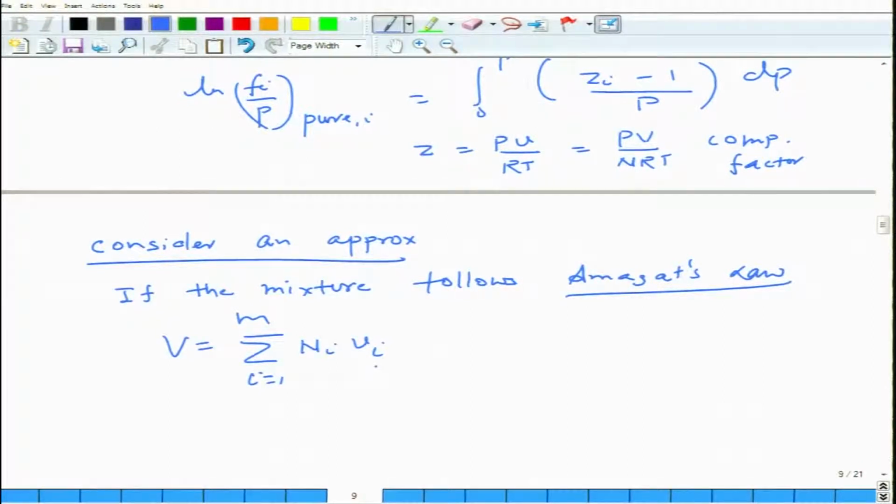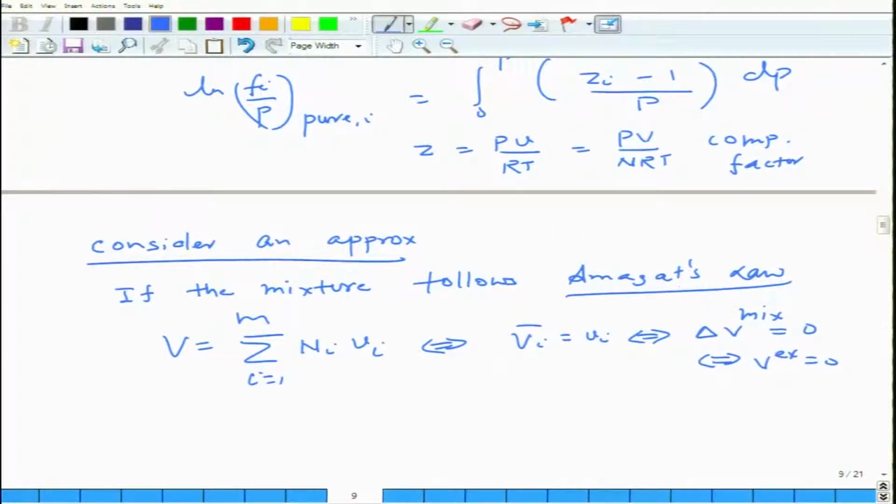So that means you are simply adding up the volume. This means that Vi bar is equal to Vi for the mixtures. Okay, this equivalently also implies that the volume change of mixing is equal to 0, or V excess is also 0. So this is Amagat's law.